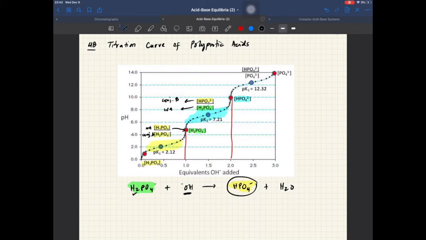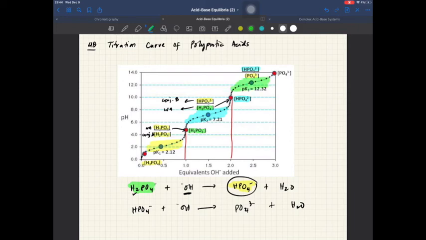If more moles of hydroxide are added after the second equivalence point, then hydrogen phosphate ion would still be reacted by hydroxide to form phosphate ion and water. Prior to the third equivalence point, the predominating species are phosphate ion and hydrogen phosphate ion. So this becomes another buffer region.